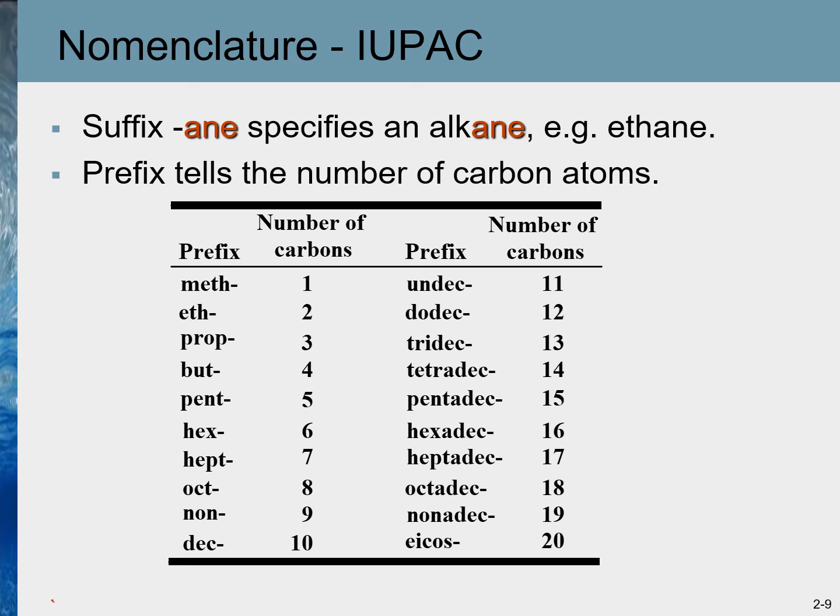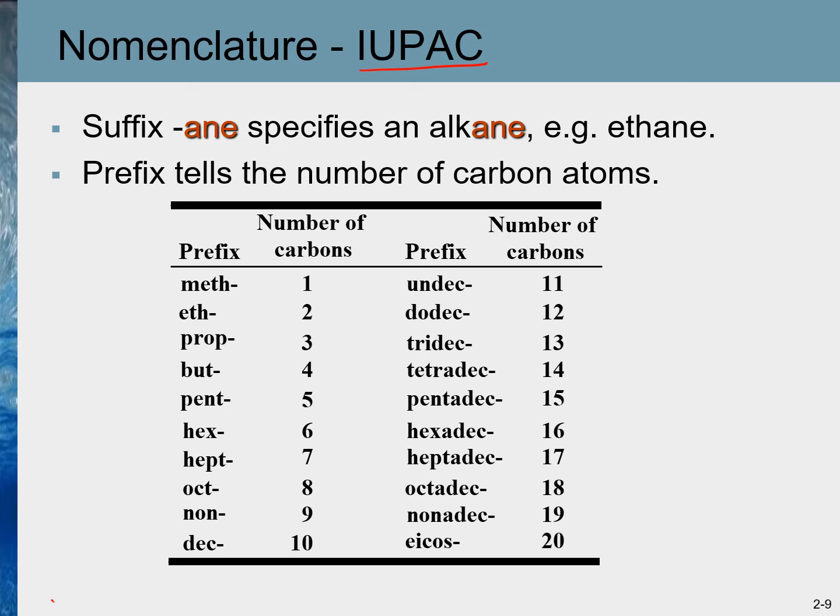For this purpose, chemists have adopted a set of rules established by IUPAC. IUPAC stands for International Union of Pure and Applied Chemistry. In the next few slides, we will go over the rules established by IUPAC, and we will learn how to write names of different alkanes.